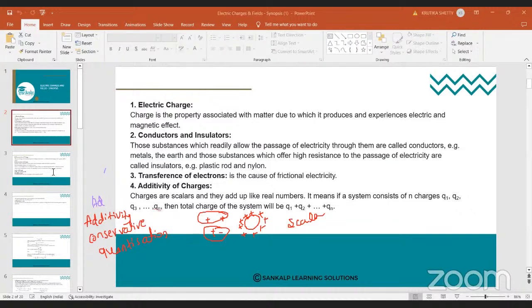Then next here, according to quantization of charge, charge is the integral multiple of... I hope you are able to see the PPT.